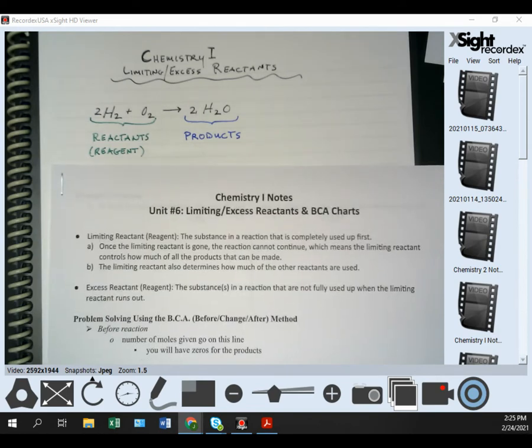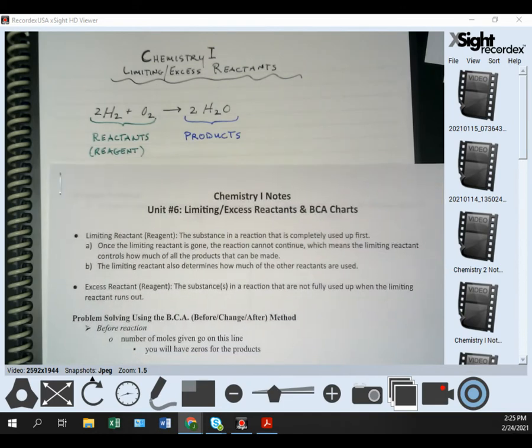Now, if we think about a balanced chemical equation like a recipe, the reactants are like the ingredients. The products are like the final product. So if you have your ingredients and you're making a cake, the reactants would be the ingredients going into it, and the cake would be the product.